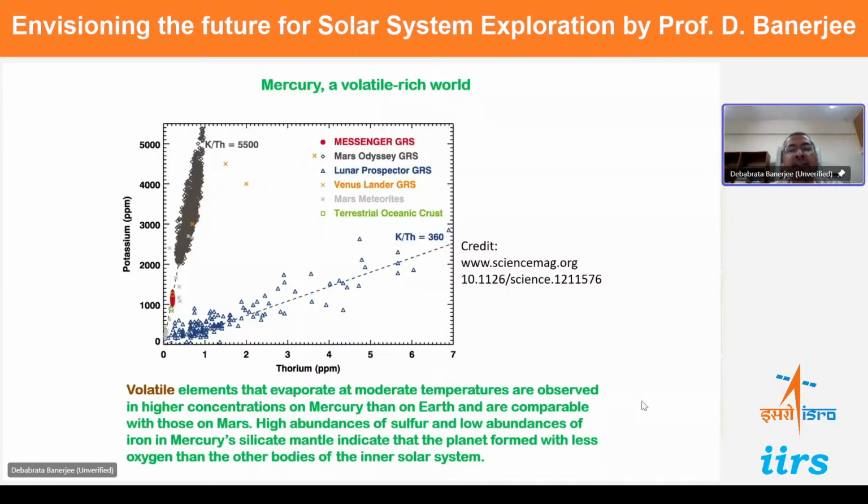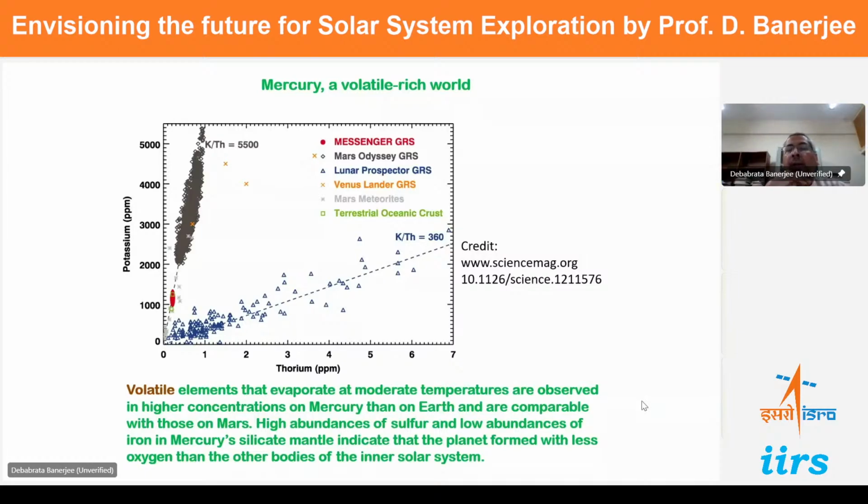Volatile elements that evaporate at moderate temperatures are observed in higher concentrations on Mercury than on the Earth, and are comparable to that of Mars. Also, high abundances of sulfur and iron suggest that they formed with less oxygen. Because, I mean, you have to balance the elements basically.